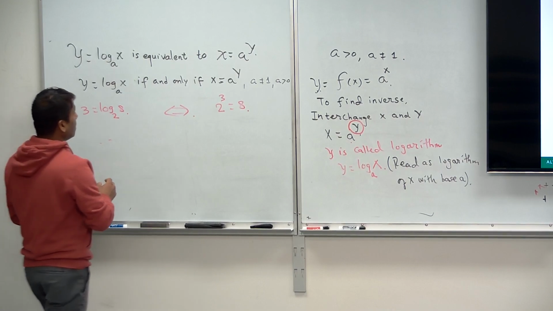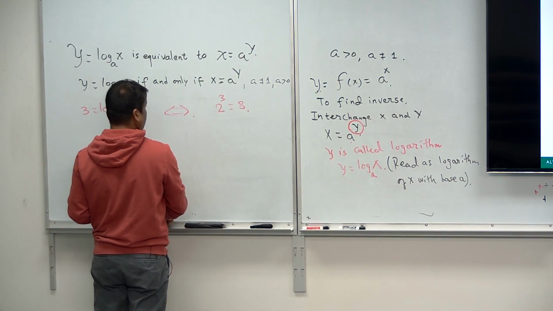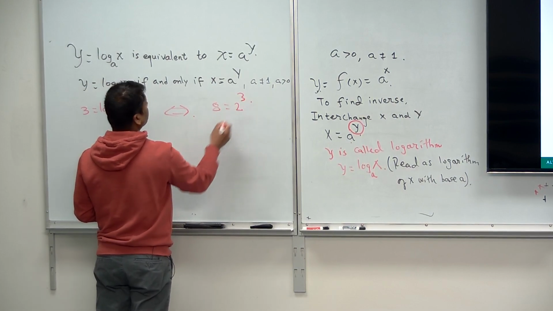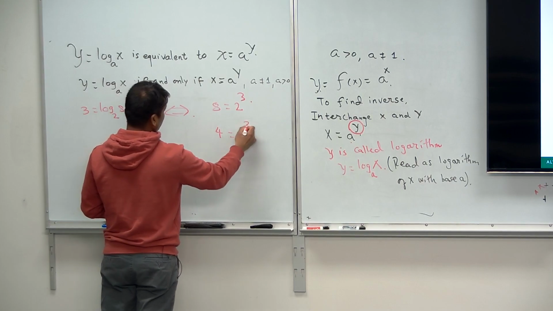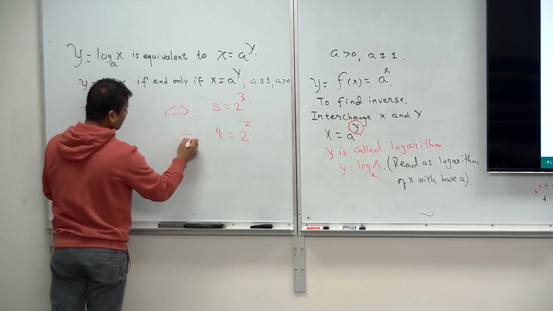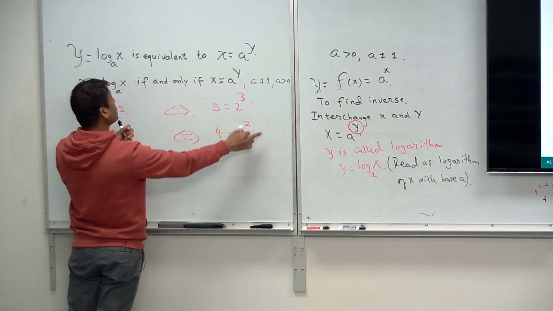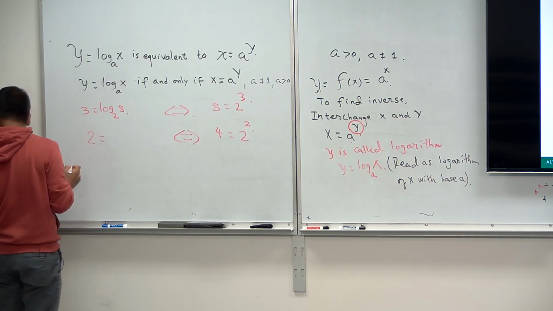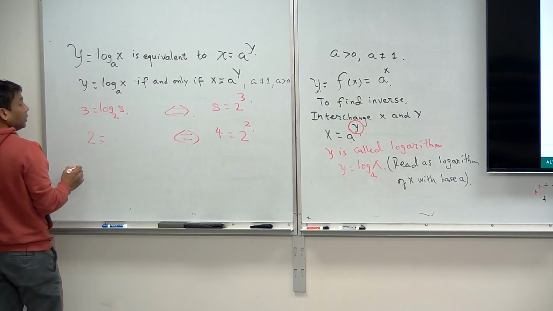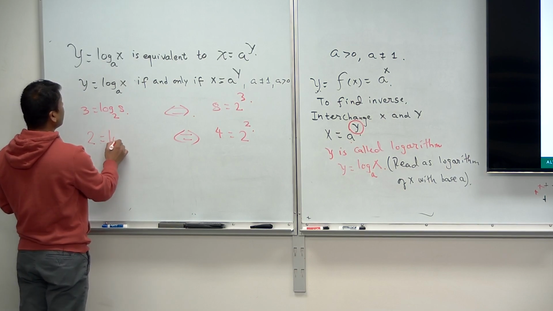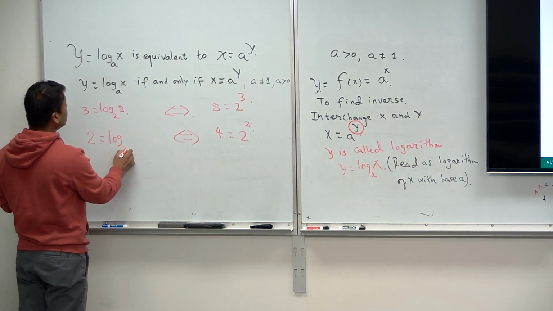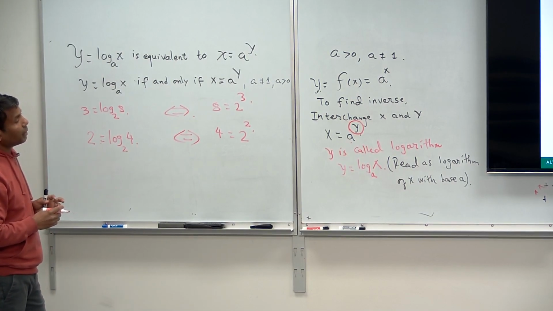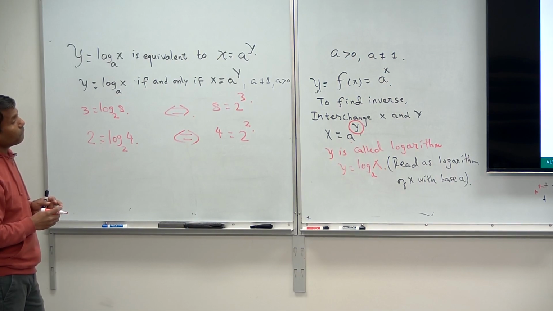Let me write here so I'm not getting confused. 8 equals 2 to the power 3. 4 equals 2 to the power 2. You know that, right? I'm using this relation: 4 equals 2 to the power 2 is equivalent with 2 equals logarithm with base 2 of 4. You got it?